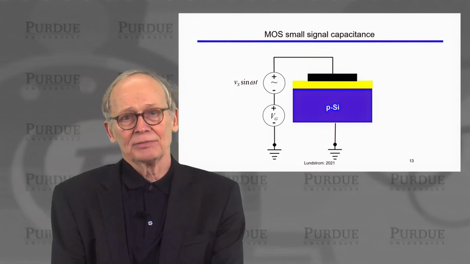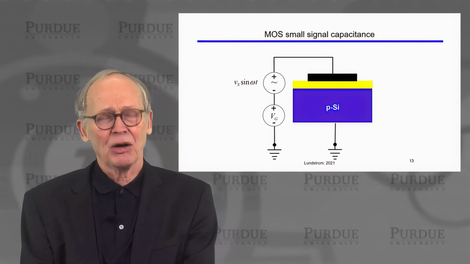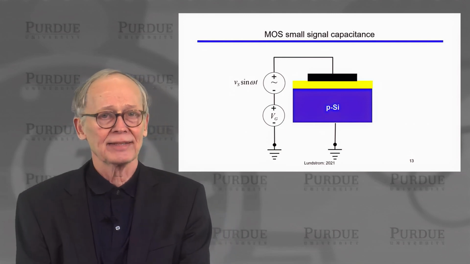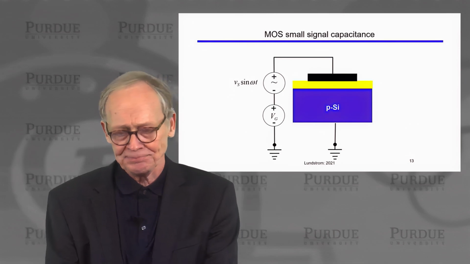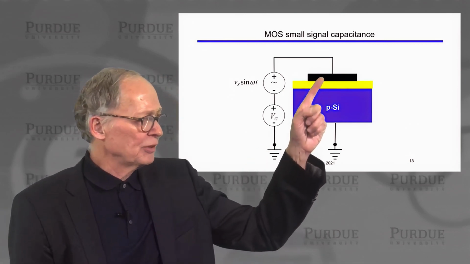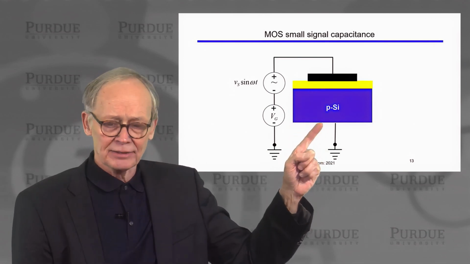We also talked about capacitance versus voltage measurements, because this is a powerful tool for probing MOS structures and understanding physical things about them. So in this case, we have an MOS capacitor, a metal gate, an insulating layer, and a semiconductor.